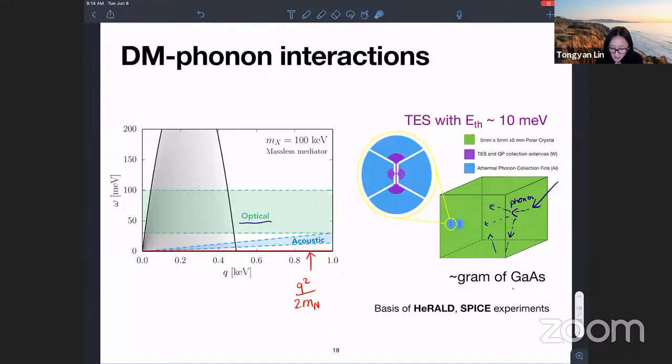And then the purple regions are basically the calorimeter part, or the bolometer part, where the energy of the phonons in these collection fins is measured. So the idea is if you can cover this efficiently, then you can measure most of the energy deposited from the single optical phonon, even though you're not detecting the original phonon itself.